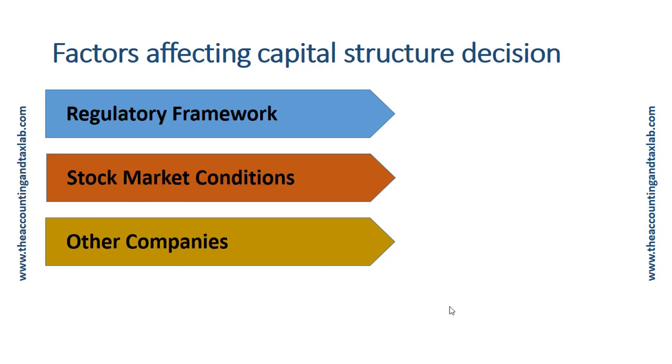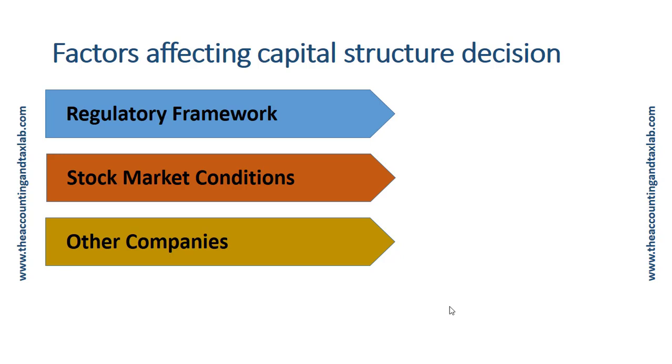And then we have to be looking at the regulatory framework in which our company is operating. And then we have to look at the stock market conditions. If it is bearish, that means people are selling shares and we'll have a tough time finding buyers. In case the stock market is bullish, that means people are buying shares, and we'll be able to find buyers easily.